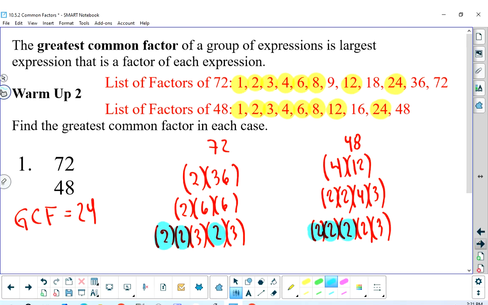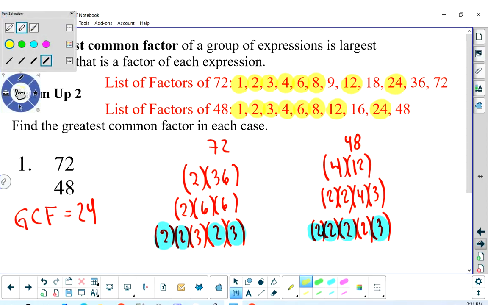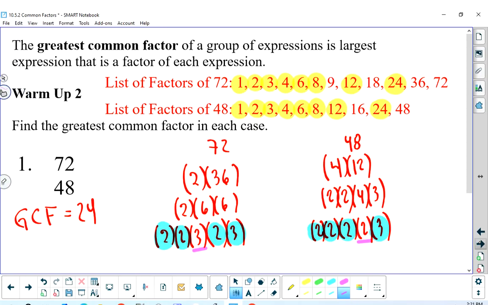There is also a common factor of 3 here and here. Just make note here that this 3 does not have a common partner of 3 on the other one, and this 2 doesn't have a common partner of 2 on the other one.